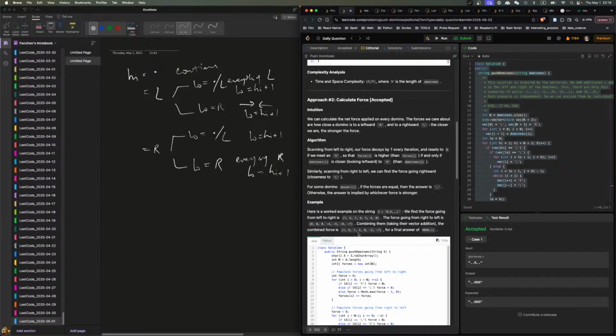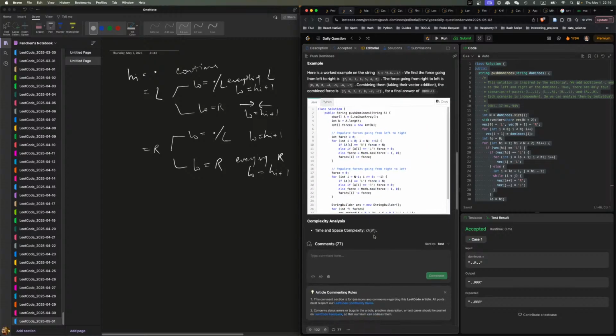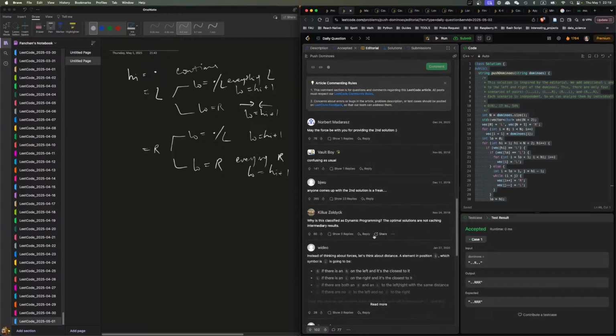So positive value is R, negative value is L. Interesting. Every time we hit, then we reset the power. Yeah, we reset the power. Interesting. All right, that'll be it.